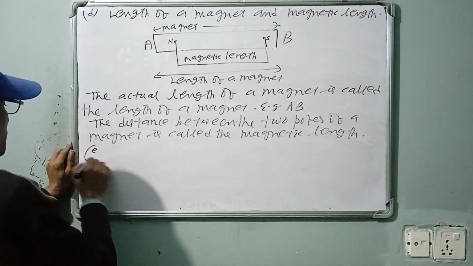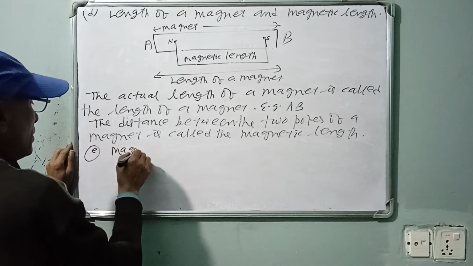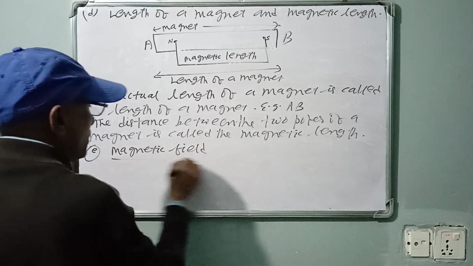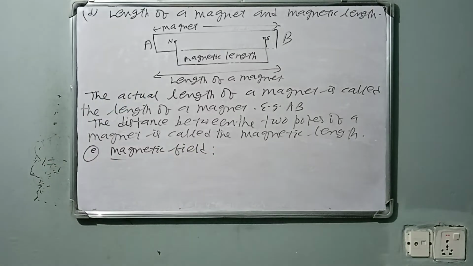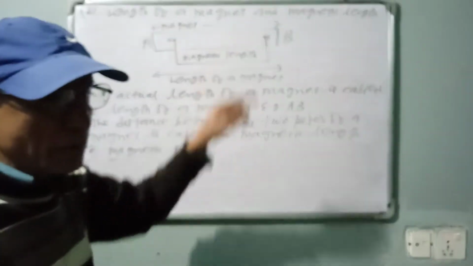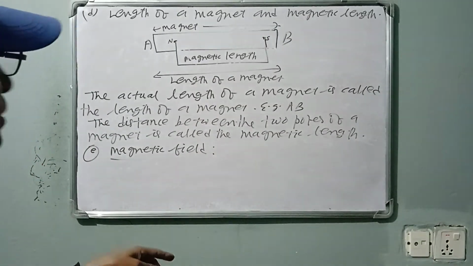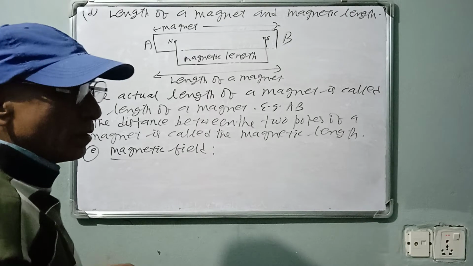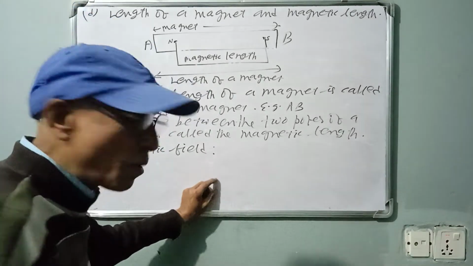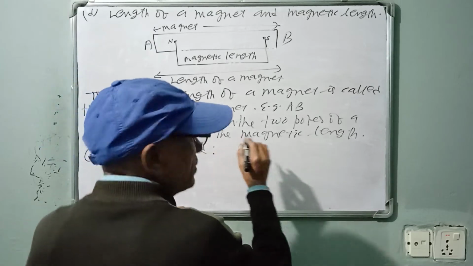E number, magnetic field. This is also a very important question. If there is a magnet, it has the property to attract. Outside the magnetic field, it cannot attract. So what is the magnetic field?